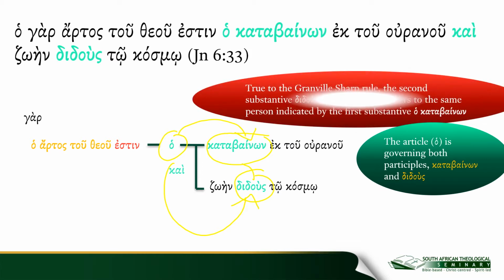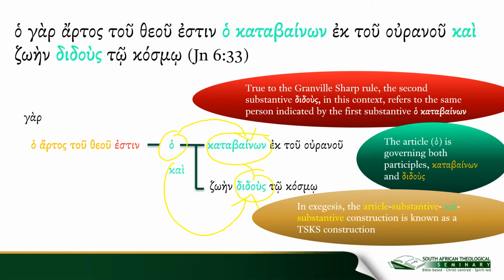So I want us to qualify these two participles according to the rules that he has. The three demands that he gives are that the substantives must be personal, which these two are, they must be singular, and they must be non-proper, as are katabainon and didous. So we know that these two participles are referring to the same person.